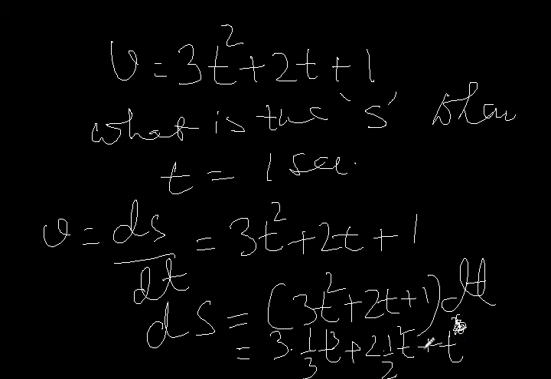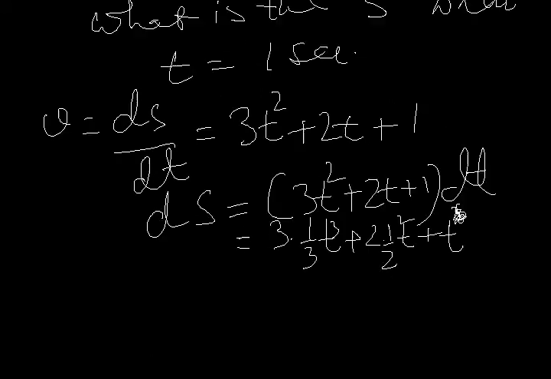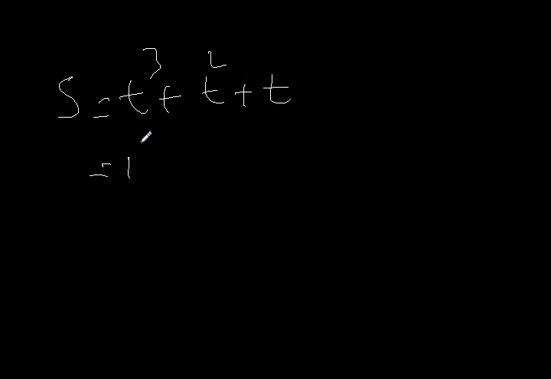So now if you simplify, what you have here is t cube plus t square plus t. So your distance now stands at t cube plus t square plus t. And then you substitute the value as 1. So it is 1 cube plus 1 square plus 1, which happens to be 3 meter.